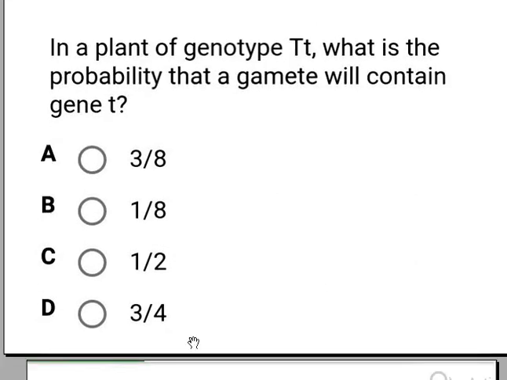Question 21 says: in a plant of genotype capital T, small t, what is the probability that a gamete will contain gene T? We want to find the probability.